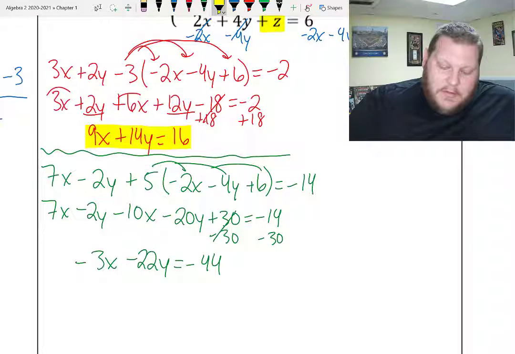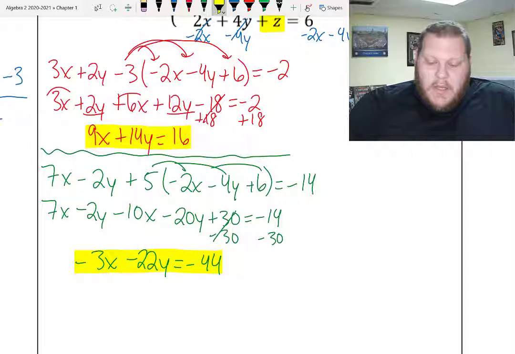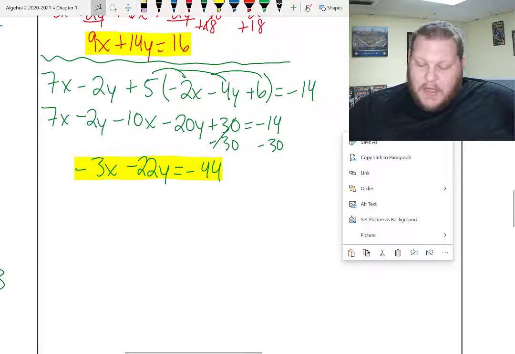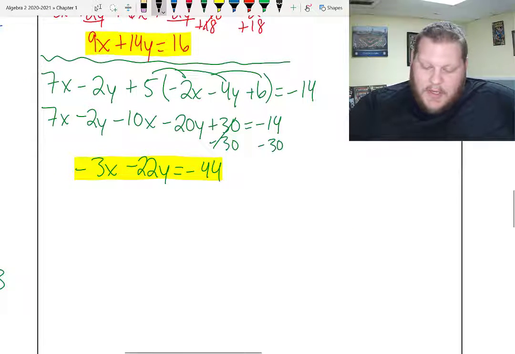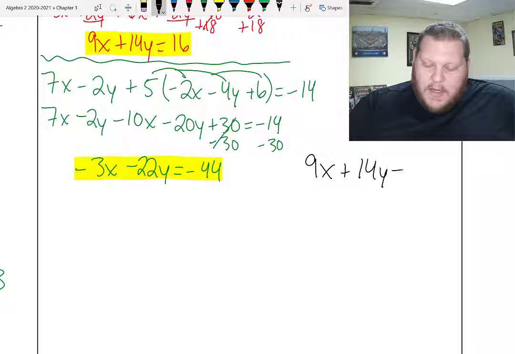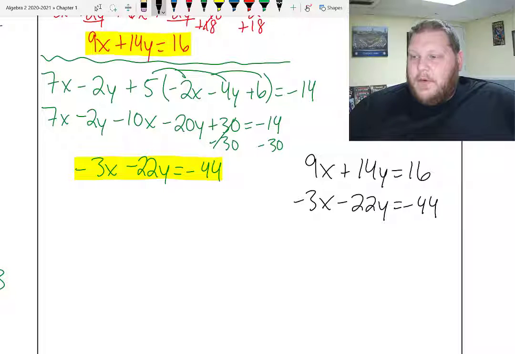And that right there is my new 2-variable equation. So that gives me my new system that I'm solving: 9x plus 14y equals 16, and then negative 3x minus 22y equals negative 44.